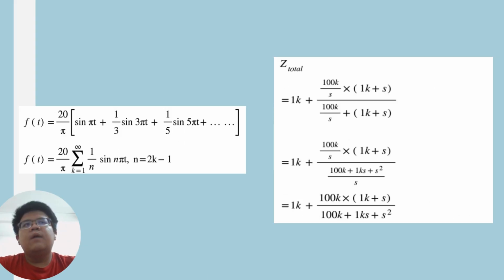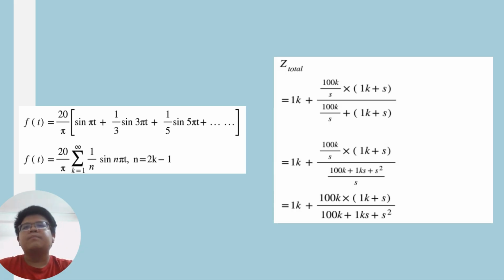Okay, when we have found all the a naught, an and bn, we can substitute back into the formula, and we will get 20 over pi times sine pi t plus 1 over 3 sine 3 pi t plus 1 over 5 sine 5 pi t.